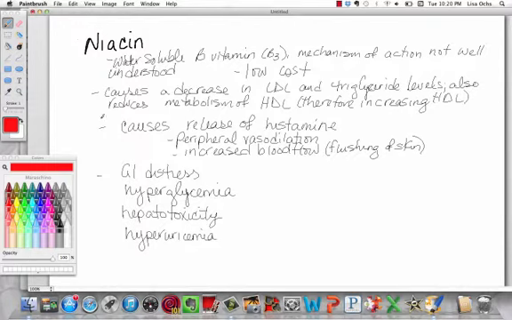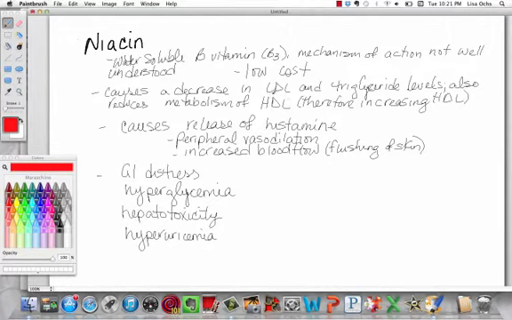Niacin is actually a water-soluble vitamin. It's a B vitamin, vitamin B3, but when taken to lower cholesterol, it's taken in much larger doses than as a vitamin supplement. The mechanism of action is not well understood, but it does cause a decrease in those LDLs, those low-density lipoproteins, and triglyceride levels, and it reduces the metabolism or the breakdown of the HDLs, the good cholesterol.